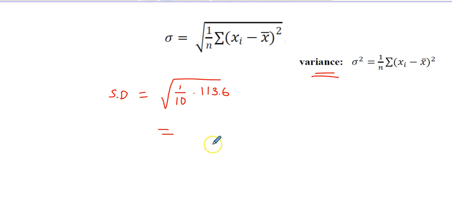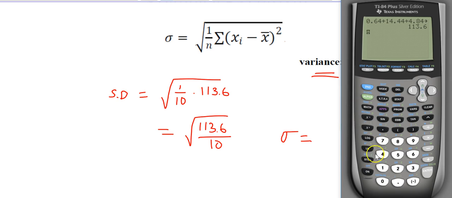So that gives me the square root of 113.6 divided by 10. Let us enter it in the calculator.